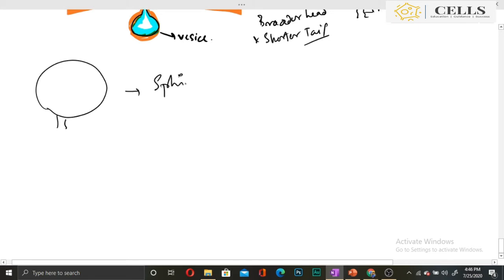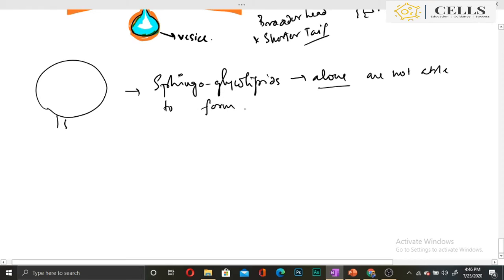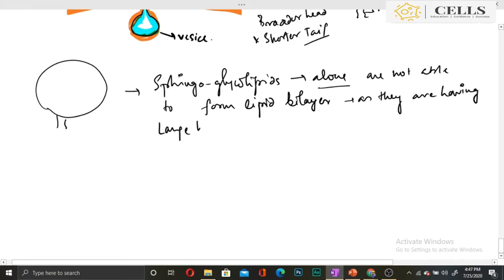Means sphingoglycolipids alone are not able to form a lipid bilayer, as they are having, please write it down, large head and small tails.